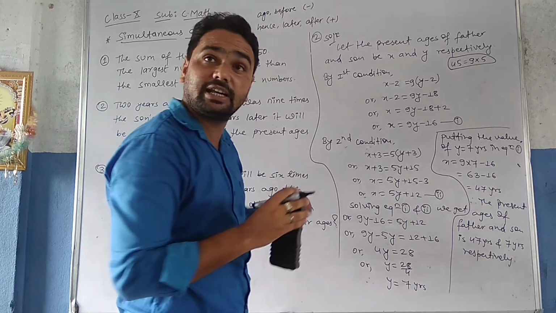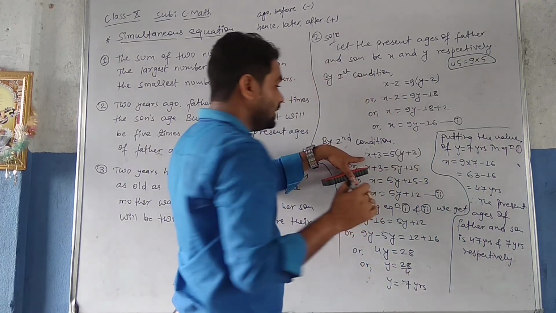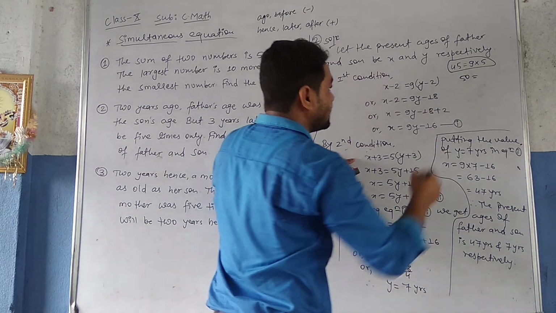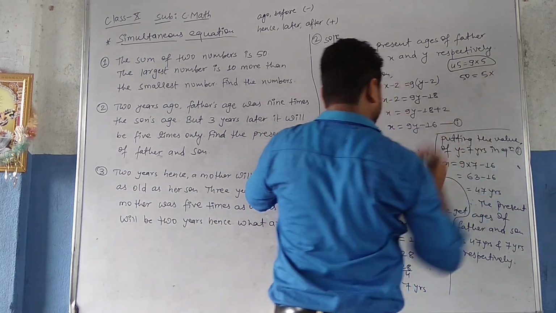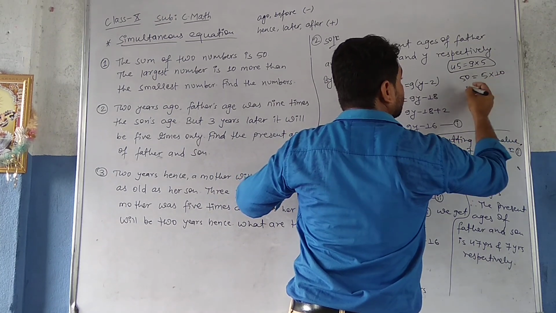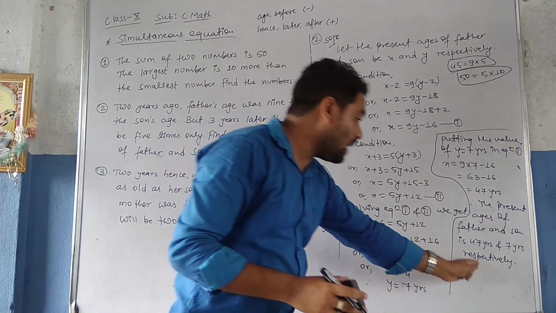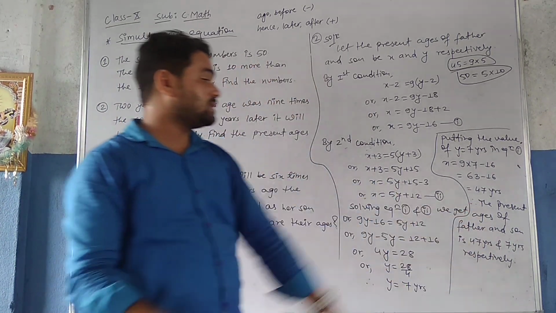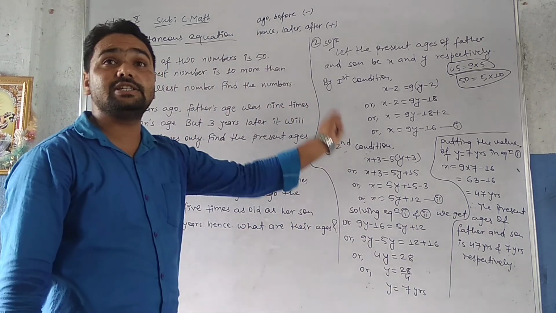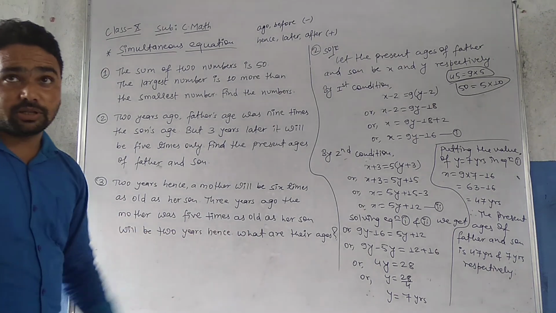Similarly for the second condition: in 47 we add 3, then we get 50. 5 times, in 7 we add 3, then we get 10. That is satisfied. So our solution, the present ages of father and son being 47 and 7 years respectively, is true. We can easily check our problem also.